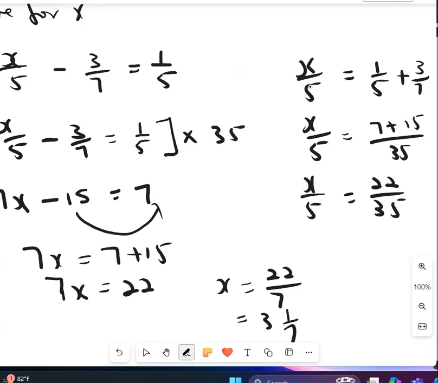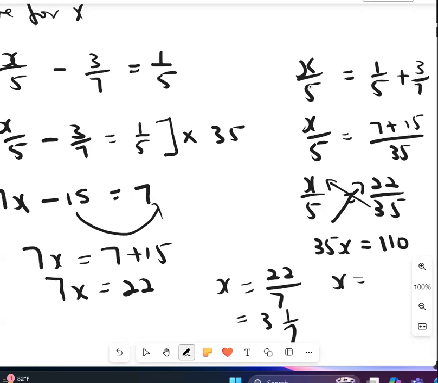You can now cross multiply, and this is the ugly part. You get some big numbers: 35x equals 22 by 5. Multiply 22 by 5. 110.